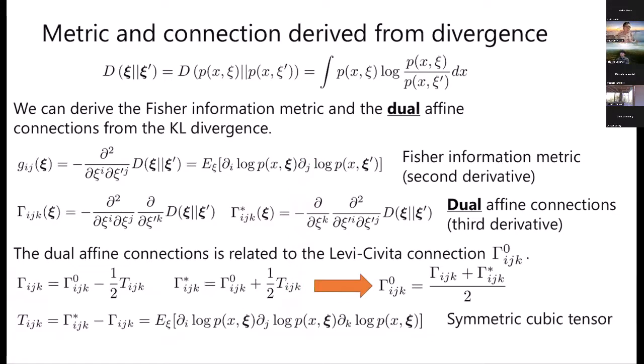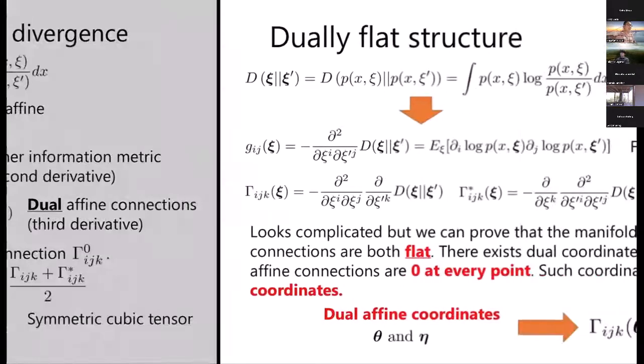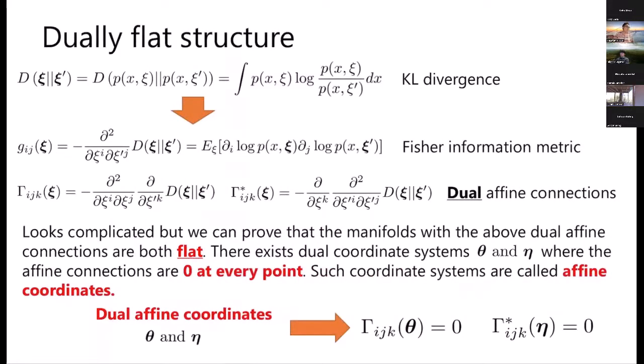Anyway, this is really complicated, but the good news is that we can prove that manifolds with the above dual affine connections are both flat, meaning that the so-called Riemann-Christoffel tensor is 0. In the same way, there exists a dual coordinate system theta and eta, where these affine connections are 0 at every point.